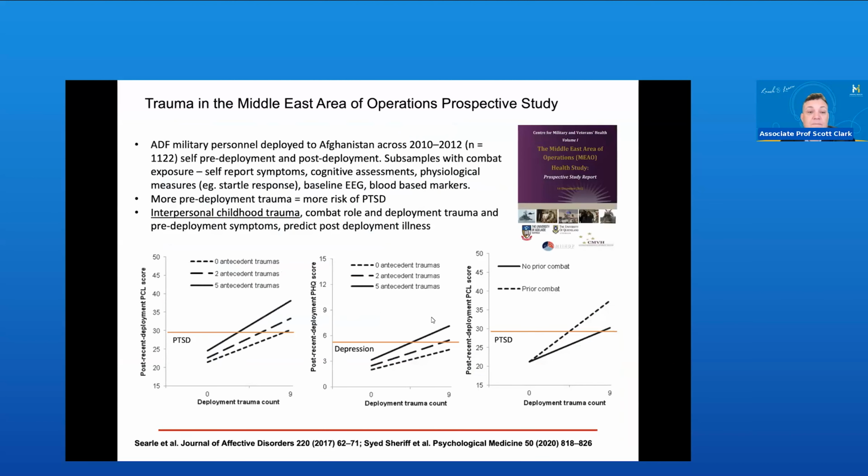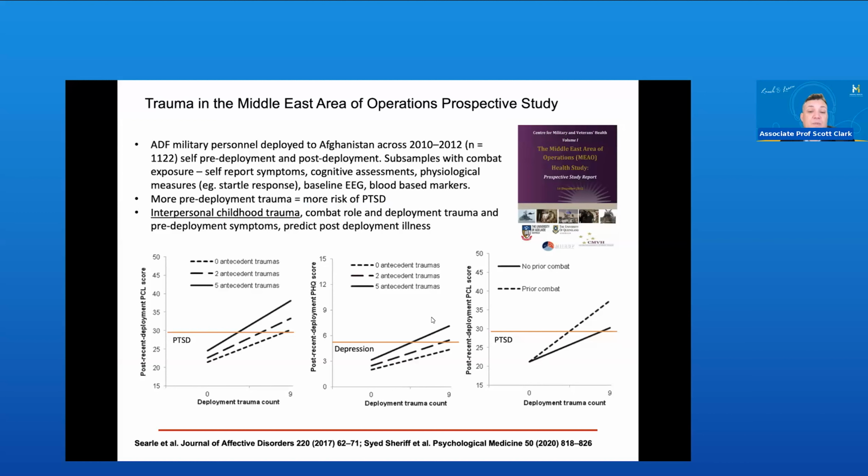So the Middle East Area of Operations Prospective Study is one of the largest studies of particularly Australian soldiers, but one of the largest studies in the world that looked at a range of detailed psychological and biological and physical health measures before and after deployments in Afghanistan.